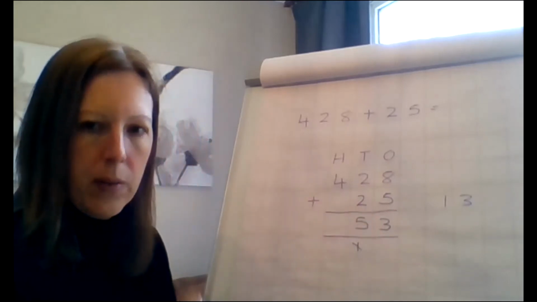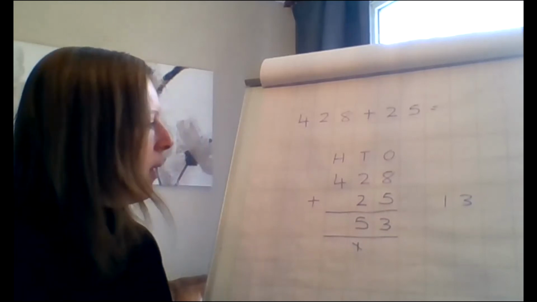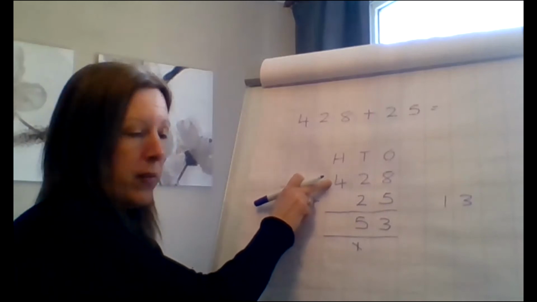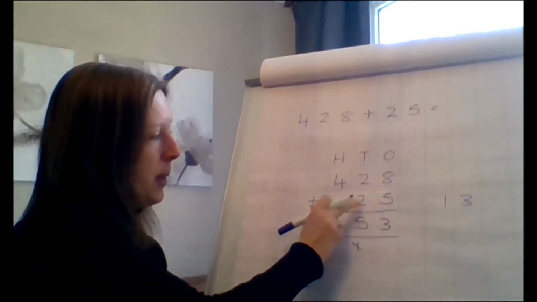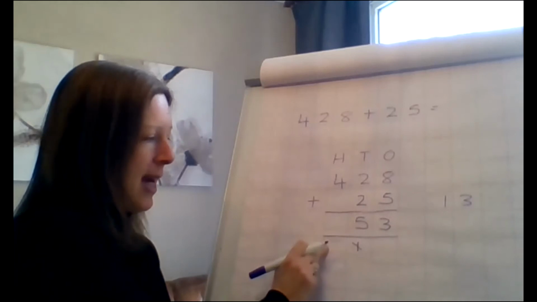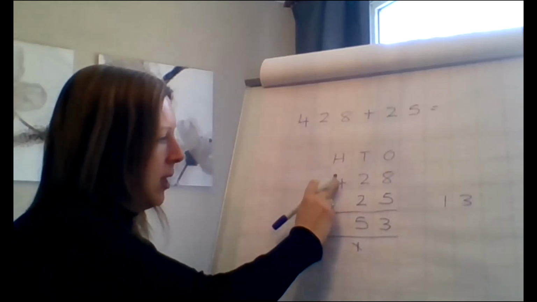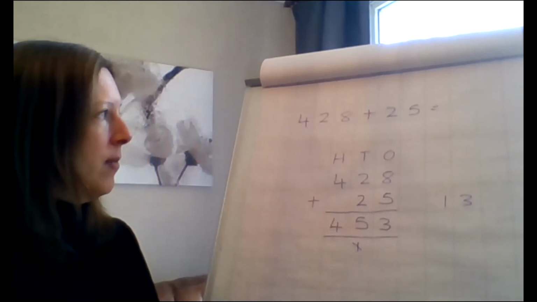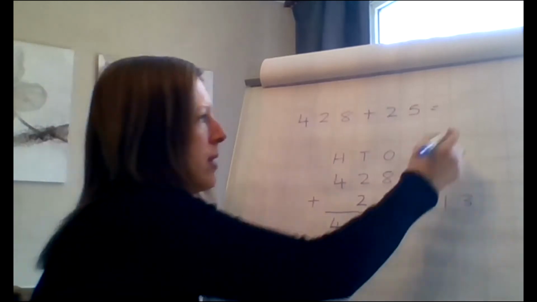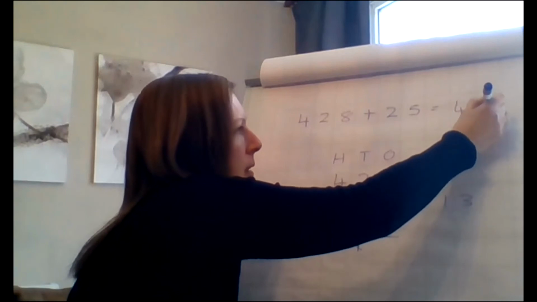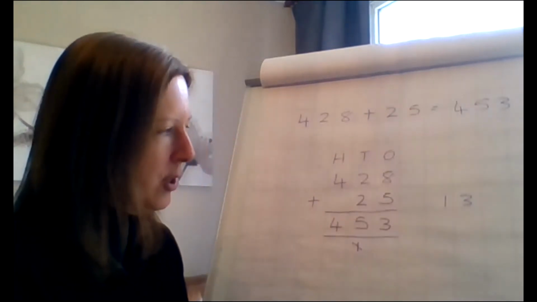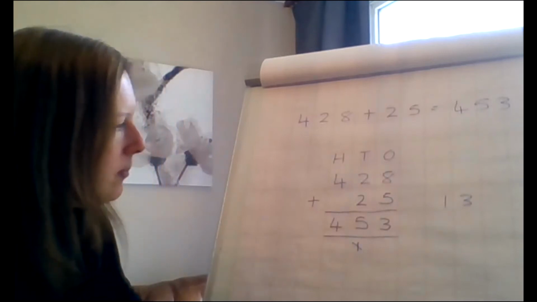So we're going to put 5 into our column there. And then that means that in my hundreds column, I've just got my 4. I haven't got any hundreds in this number here because it was a 2-digit number. I haven't carried anything across that I had to worry about here. So I've got my 4. So that is my final answer, 453. Okay, is my answer there for my addition sum with carrying.